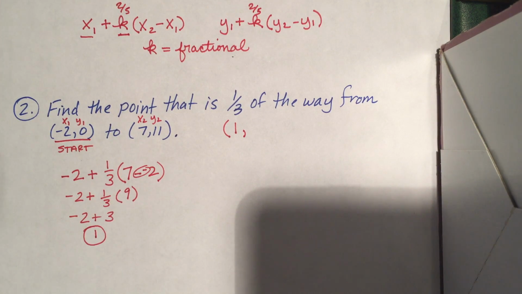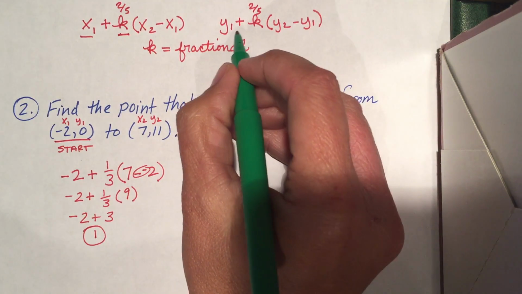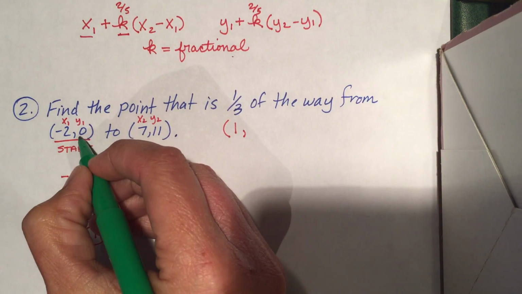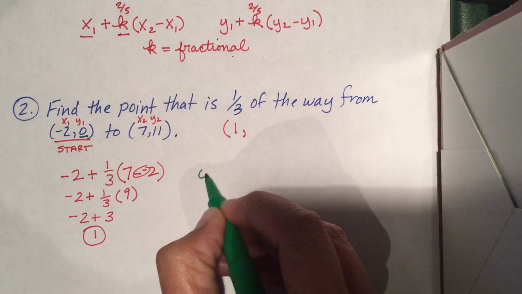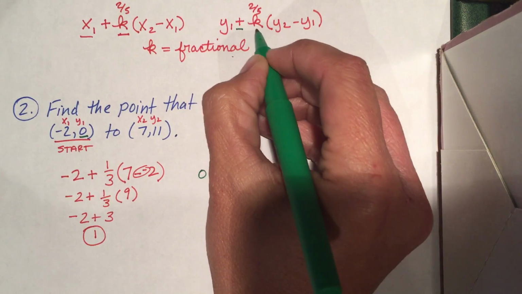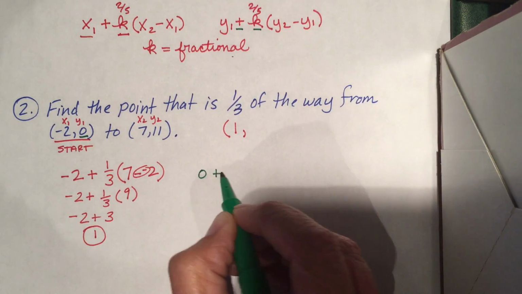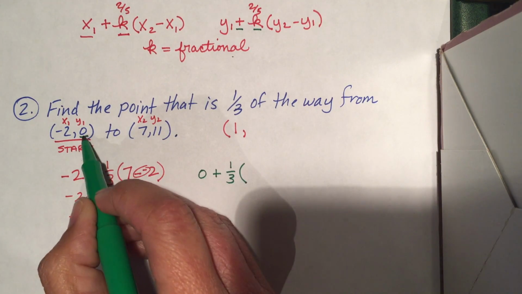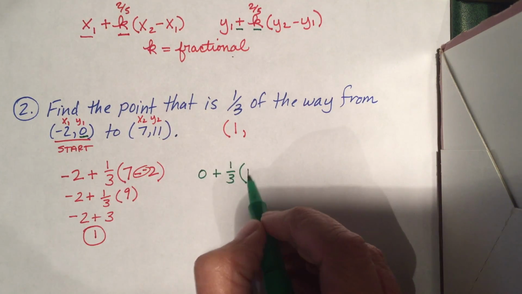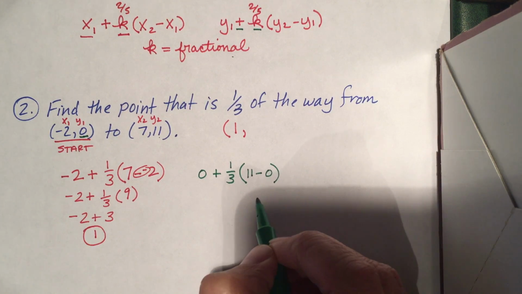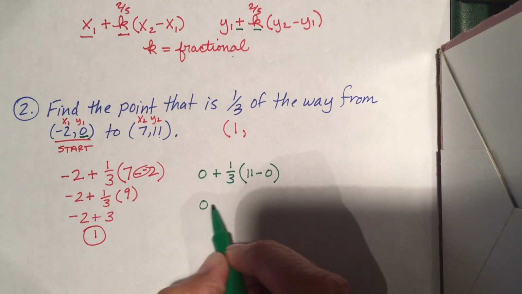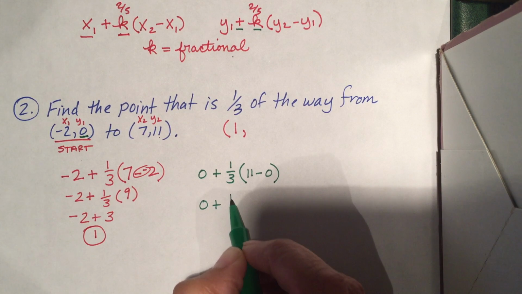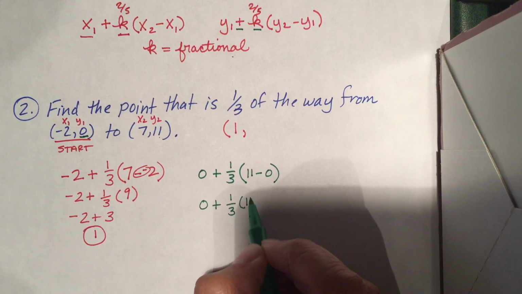So let's take a look at the y's. For the y values, I'm going to take y1, that's my starting point, which is 0, and then I'm going to add my fractional distance, which is 1/3, times the distance the two y's are apart, y2 minus y1. So that's going to give me 0 plus 1/3 times 11.